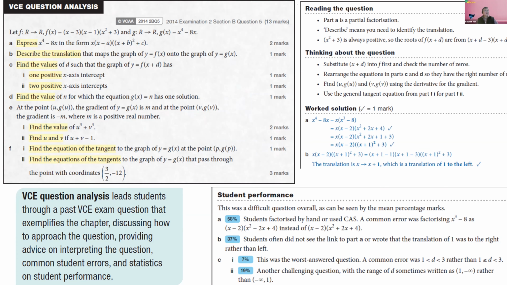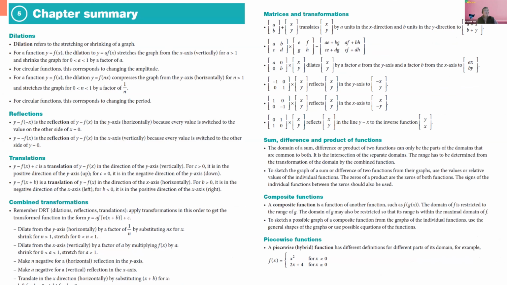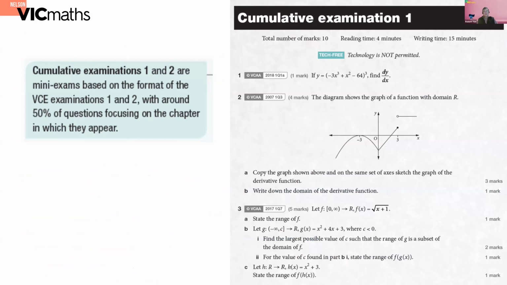Okay, next slide. When you get to the end of the chapter, you expect to have a chapter summary, which is what we've got there. And then instead of a chapter revision quiz, we have something called cumulative exams. We've got two cumulative exams at the end of every chapter.